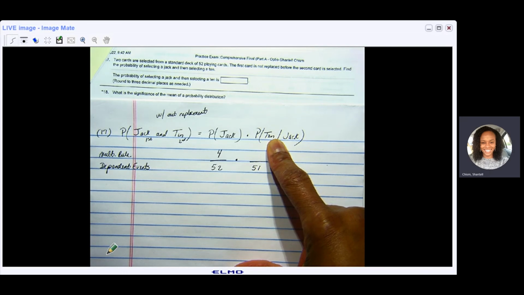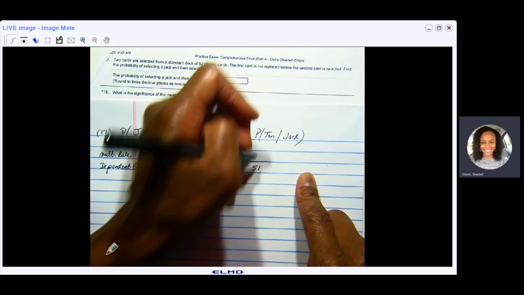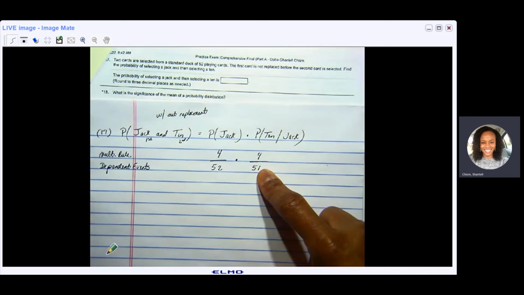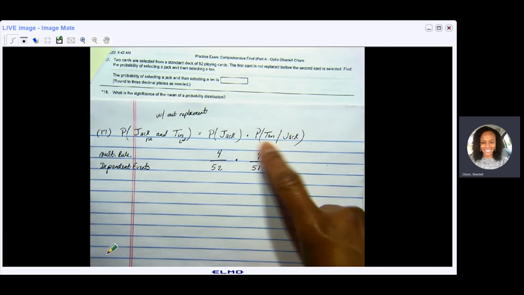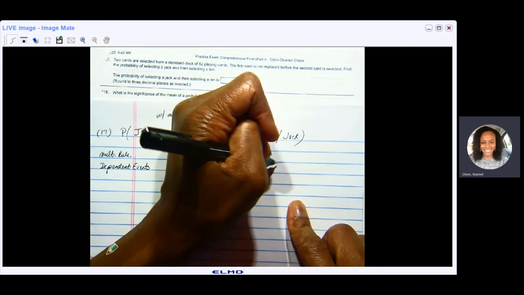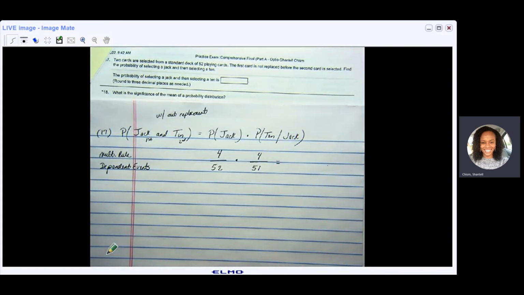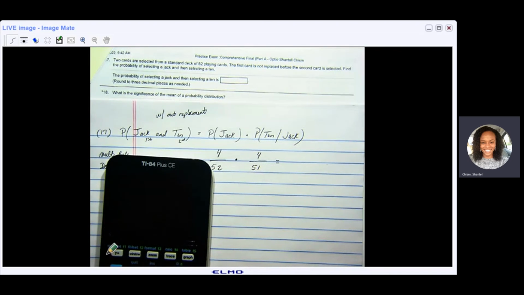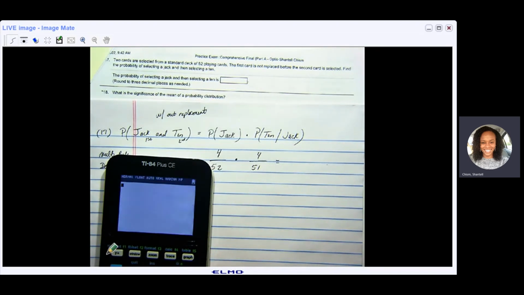Every suit has a 10: 10 of hearts, 10 of spades, 10 of clubs, 10 of diamonds. So there are 4 10s, but now out of 51 cards because you already pulled the jack out. So 4 out of 52 times 4 out of 51, rounded to 3 decimals, is about 0.006.